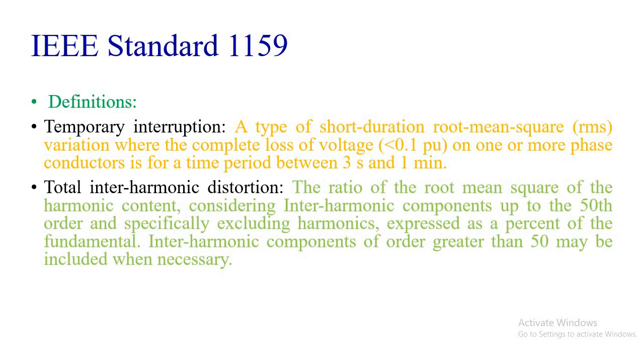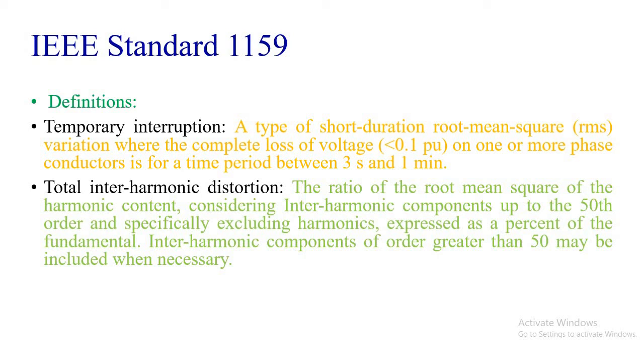Then total interharmonic distortion. It is the ratio of the RMS of the harmonic content, considering interharmonic components up to the 50th order and specifically excluding harmonics, expressed as a percent of the fundamental.